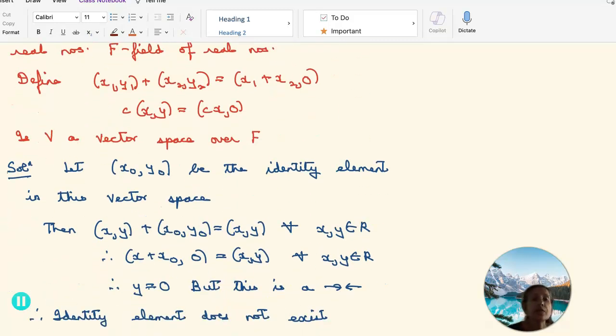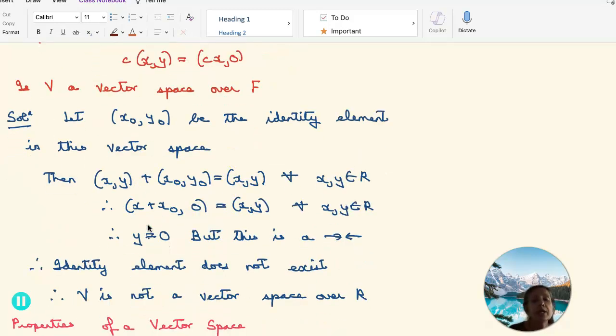In that case, if you add the identity element to any element, you should get the same element. So (x, y) + (x0, y0) will be (x, y). But this will be (x + x0, 0), because that is how it is defined. The y coordinate has to be 0, so it will be (x, y). That means y = 0, but this is a contradiction because it need not hold if y is not equal to 0. So the identity element does not exist.